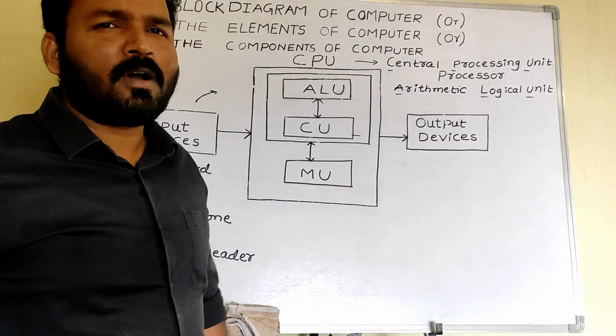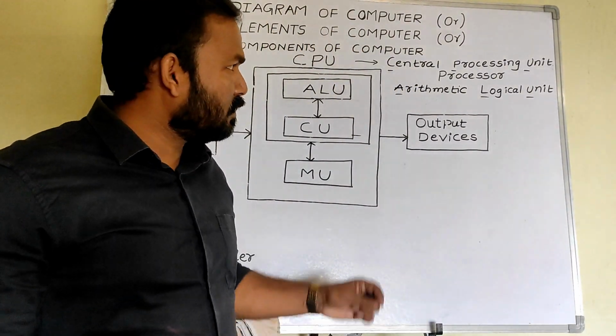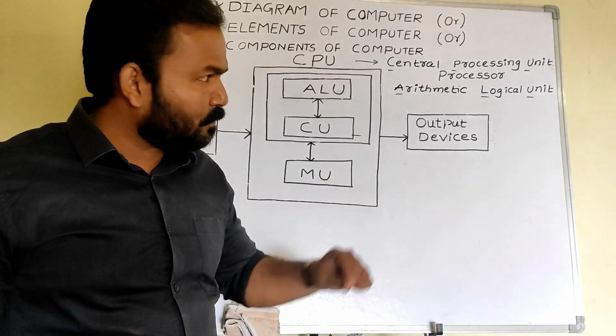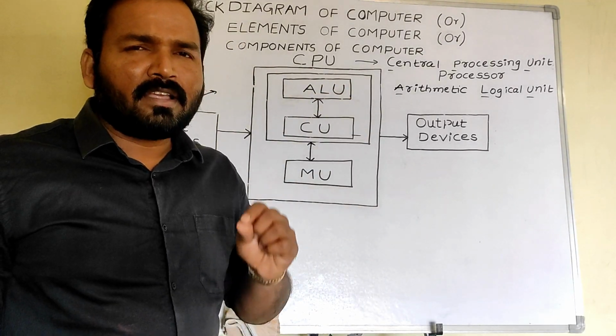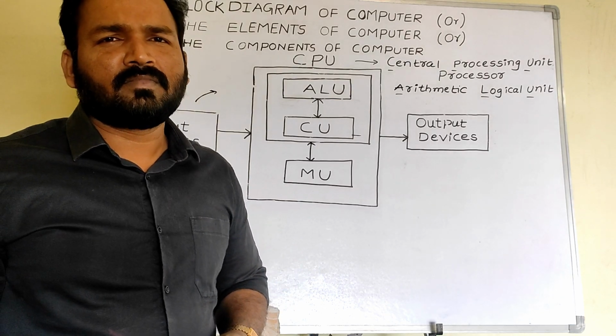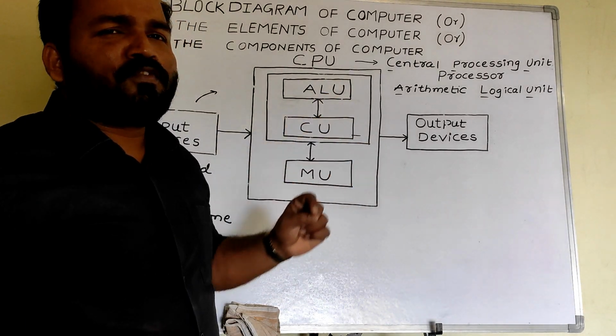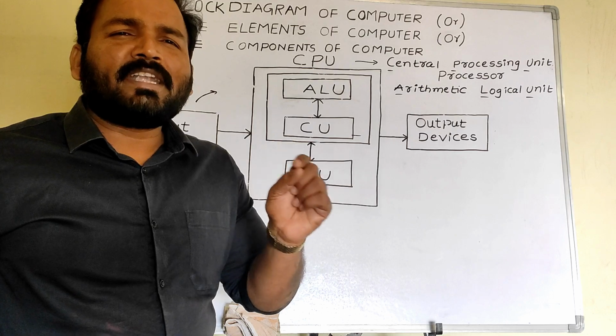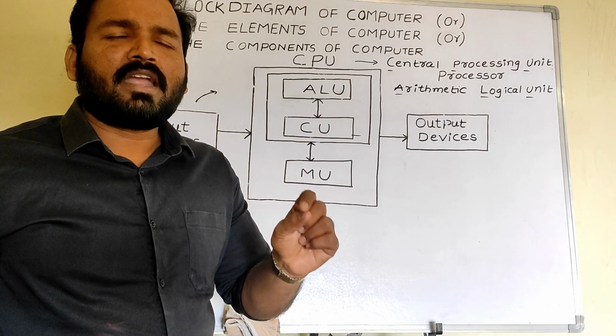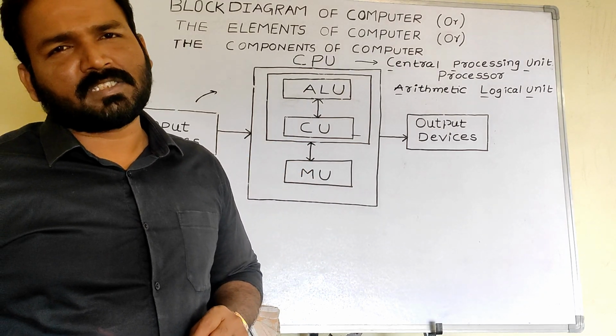Okay, the full form of ALU is Arithmetic and Logical Unit. It performs arithmetic calculations and logical calculations.